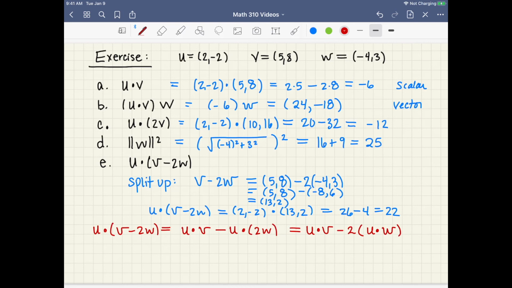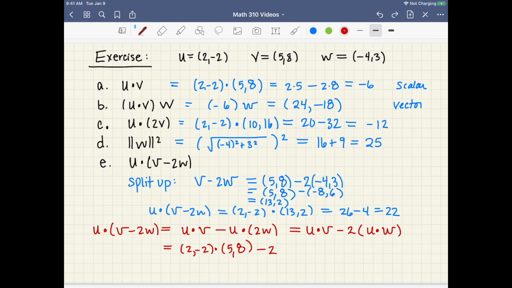So let's use this last one to calculate this. Well, u dot v we already calculated before, but let's write it all out. So (2, -2) dotted with (5, 8), and then we have minus 2 times u dot w.